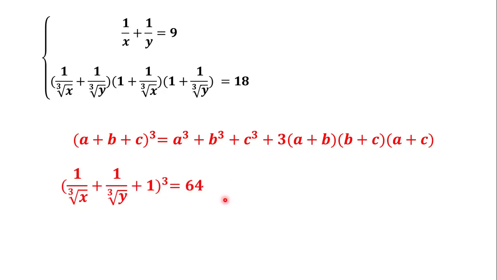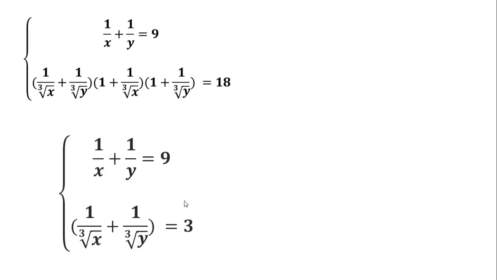Now we need to take the cube root of both sides of this equation. So we are going to get 1 over cube root of x plus 1 over cube root of y plus 1 equals 4. We can move 1 to the right hand side, and the first equation and this equation are our new equations to solve.